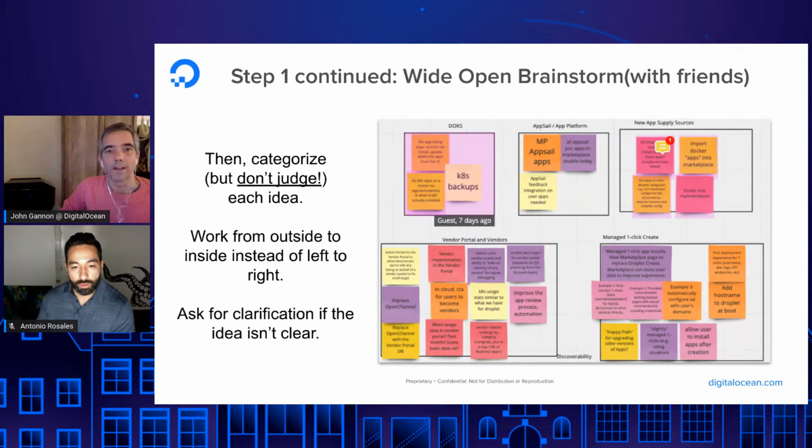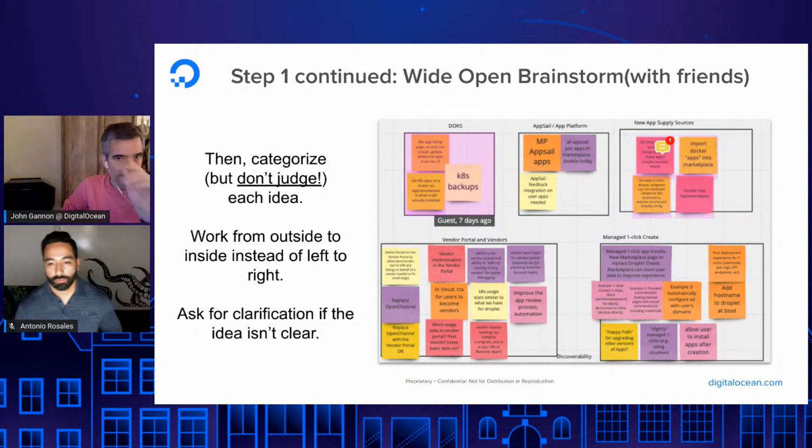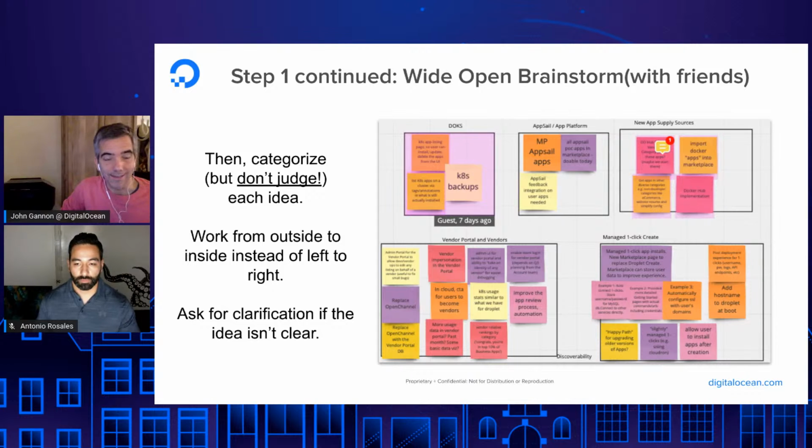A little more on step one. So after we take that 10 minutes where everyone is basically putting these different sticky notes about their ideas, we then group them. So we'll try to come up with high-level categories for what these things sort of are. It doesn't have to be perfect, but then we'll actually move the sticky notes into these different buckets.